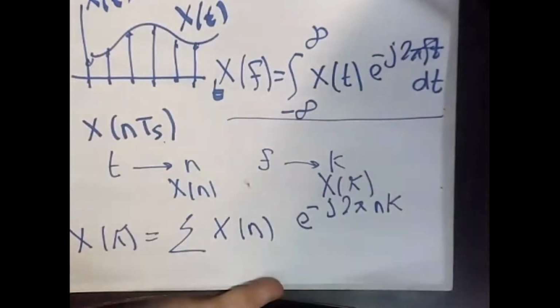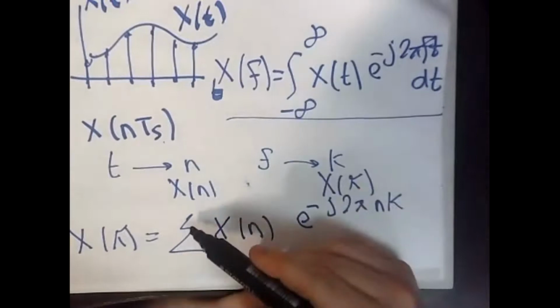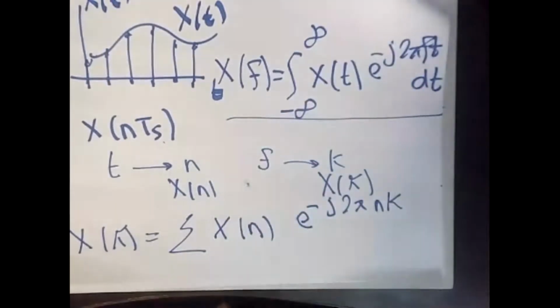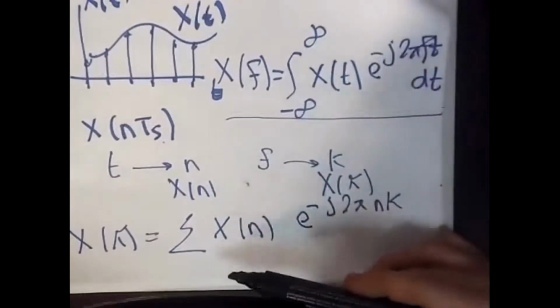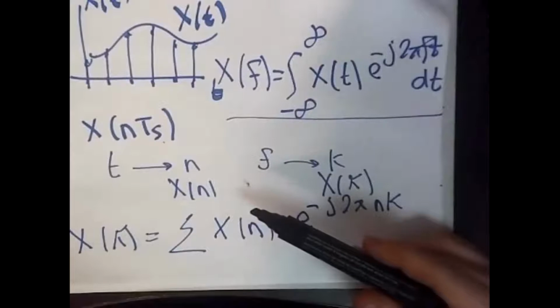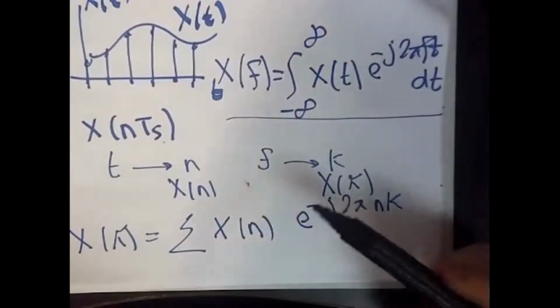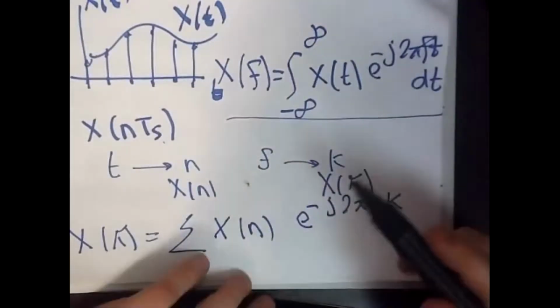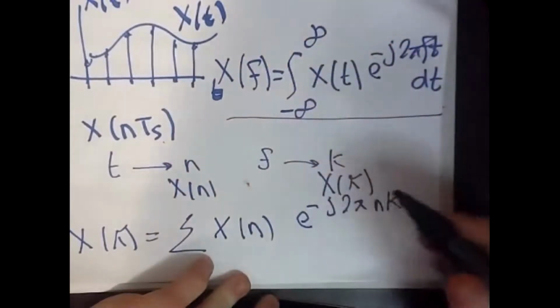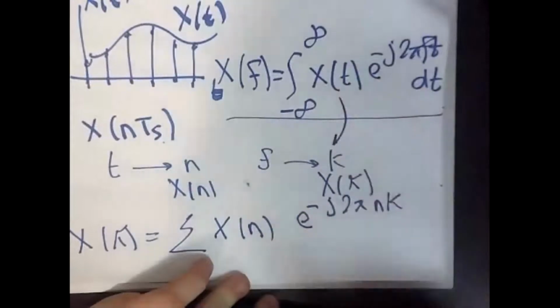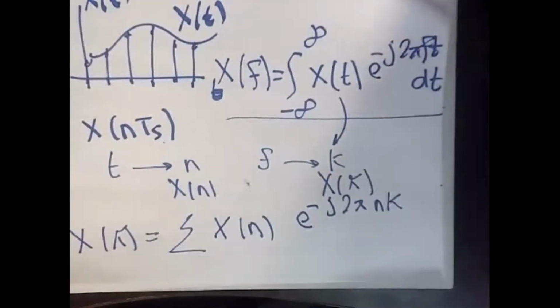But we are still missing a very important parameter, which is the limit for this summation. So from the first principle, you will say, okay, our integration is from negative infinity to infinity, so we have a summation from negative infinity to infinity. But we have to remember that in this discretization version, we assume two very important issues.